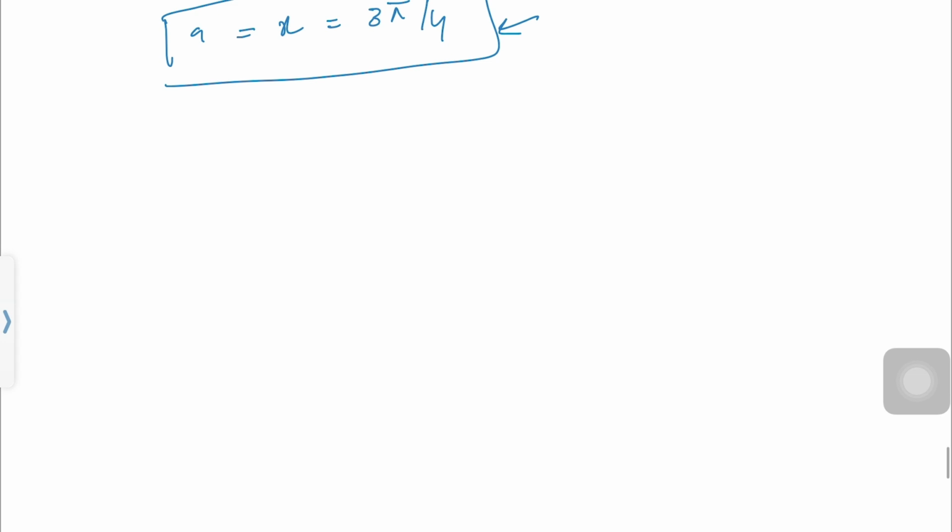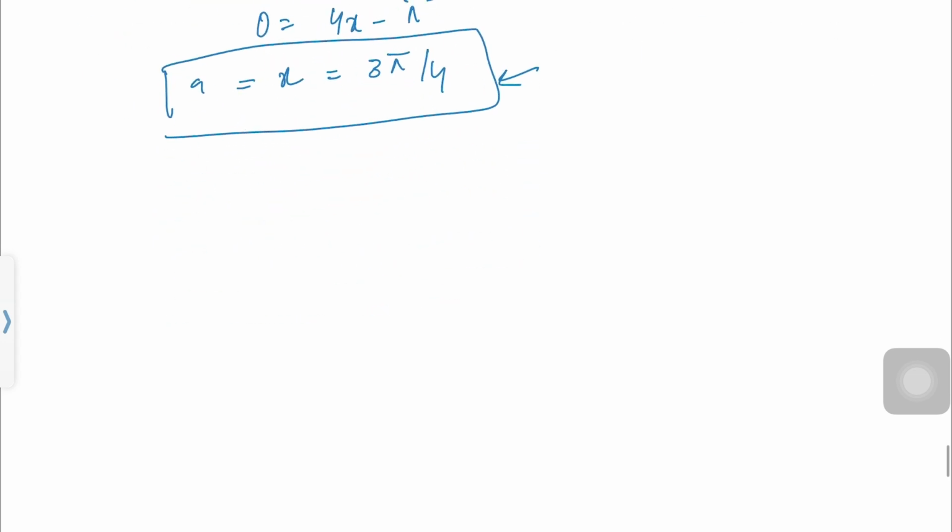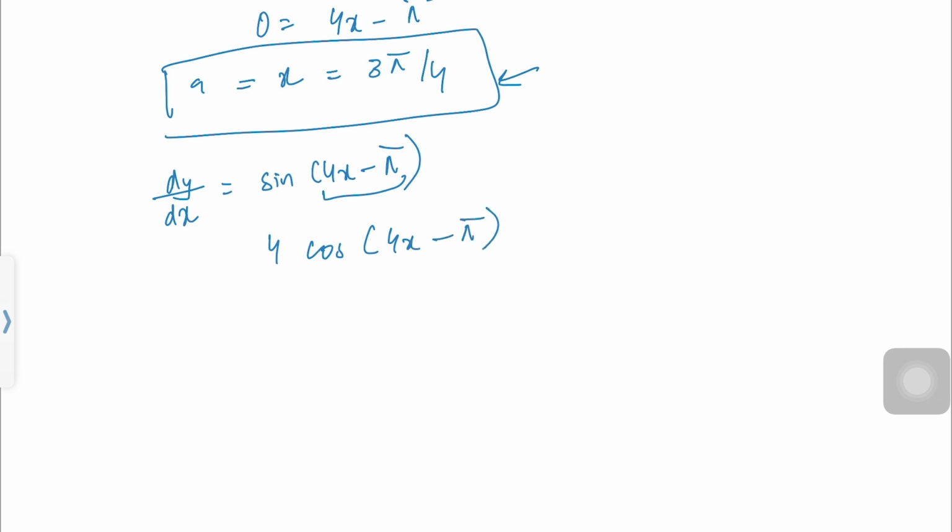Now since we have our x and A, we can calculate dy by dx, negatively reciprocate it and get our normal's gradient. So dy by dx equals the derivative of sine(4x minus pi), which is 4 cos(4x minus pi).